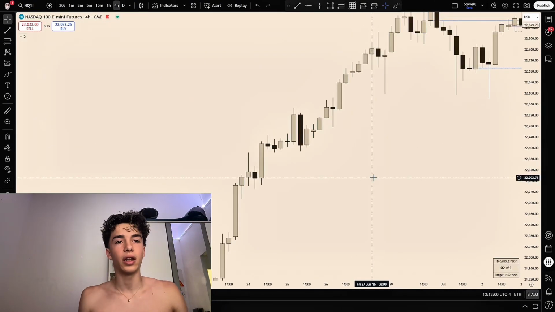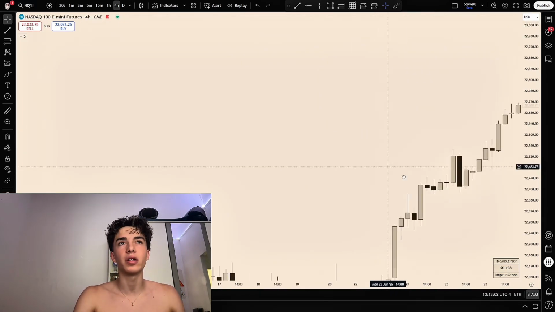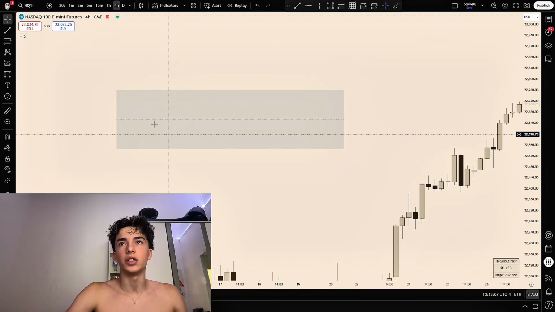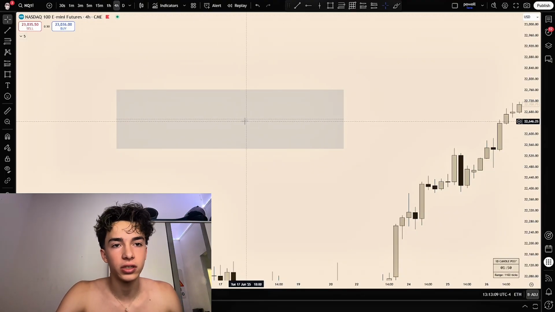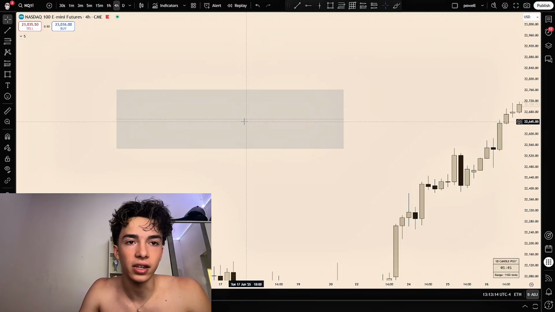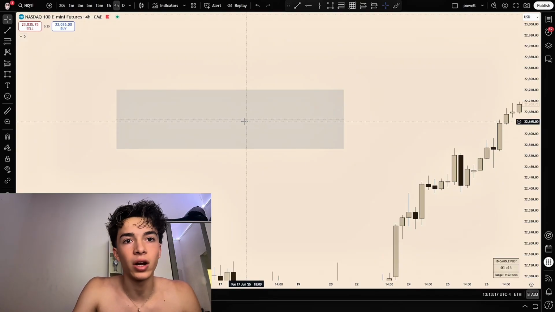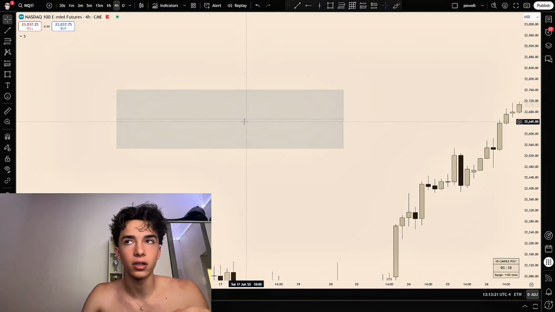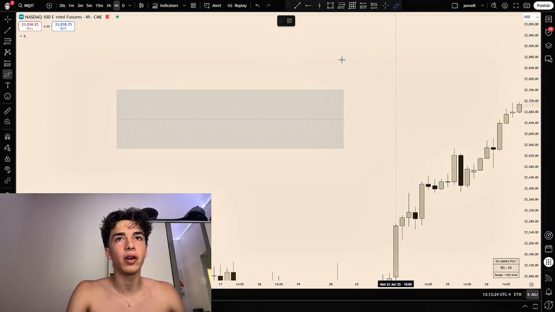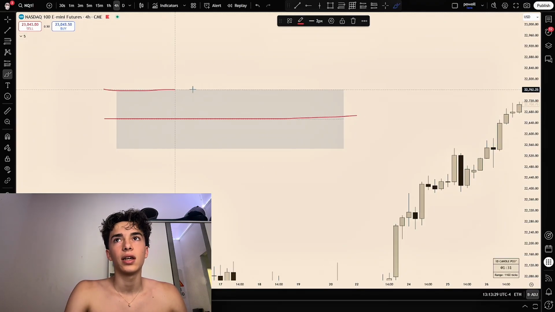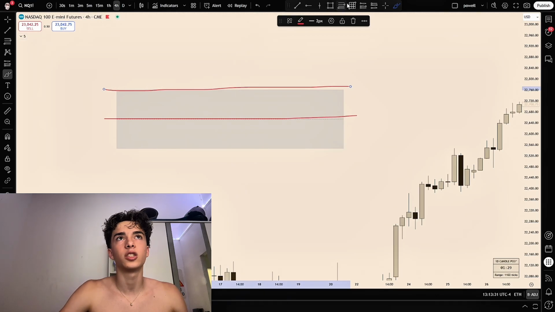Now let's talk specifically about the fair value gap itself. As you can see, we have the 50% mark, the CE, which stands for consequent encroachment. A big word to just say that it's the 50% mark, and it's a very sensitive area. The main sensitive areas of a fair value gap are the 50% mark and the gap fill.